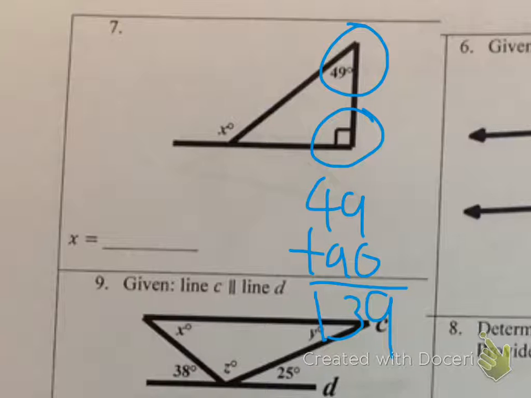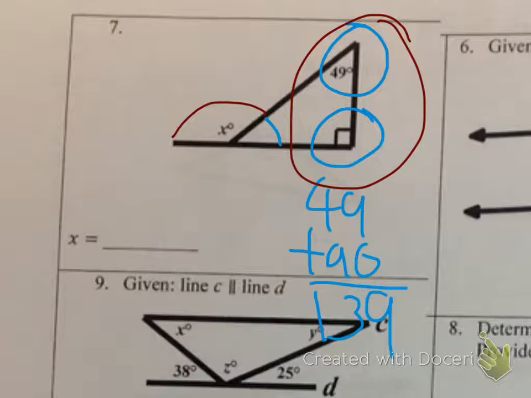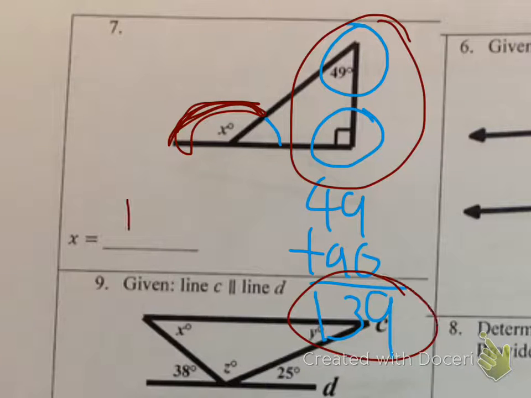And we don't have to find this angle to find this angle, because with the exterior angle theorem, it says if we just add the two farthest away angles, we get this exterior angle right here. And we found it, it's 139.